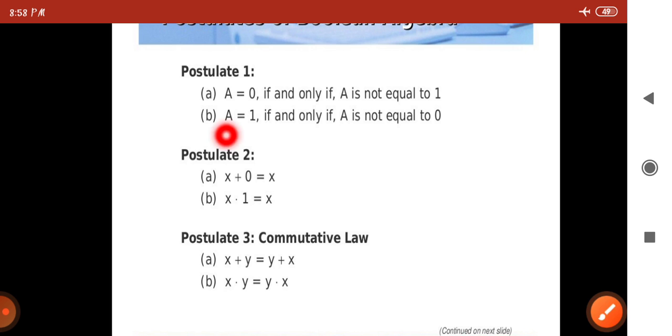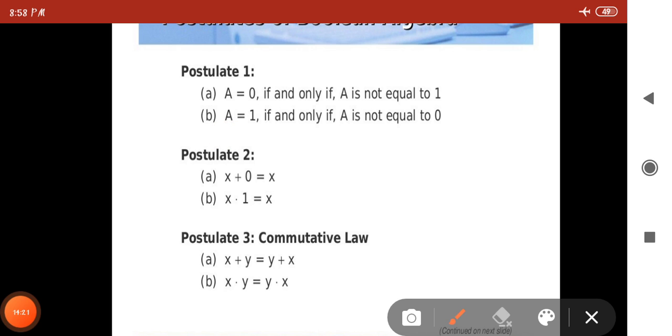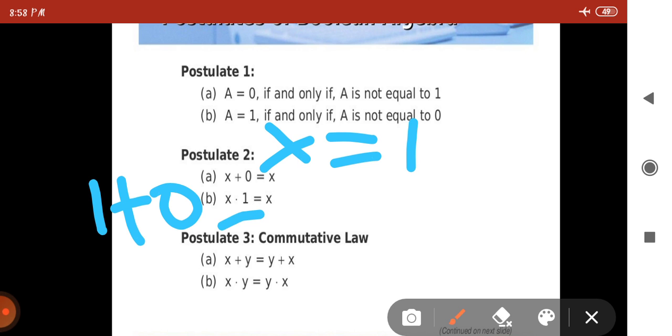Here in postulate number 2, take x equals 1: 1 plus 0 is only x.